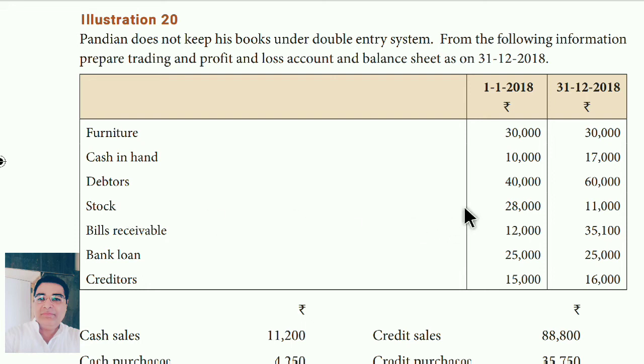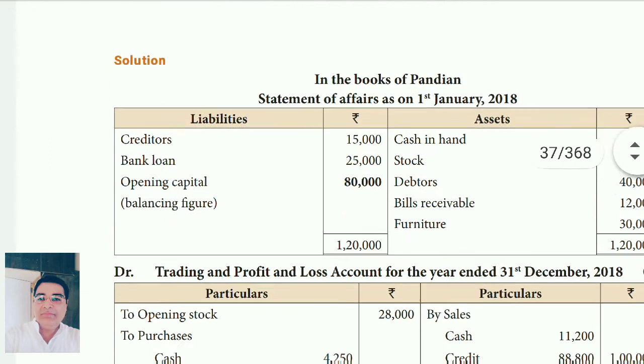So stock opening date is stock value 28,000. Opening date, opening stock. Closing date, closing stock. So opening stock is 28,000. Closing stock is 11,000. Where we have to write? We have to write in the trading account debit side.